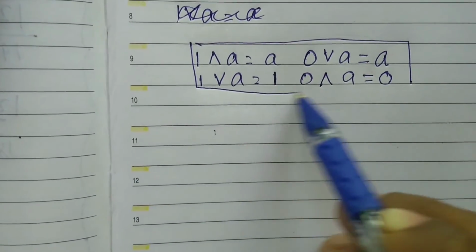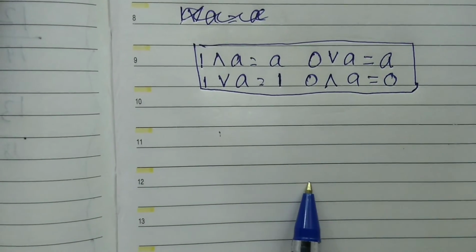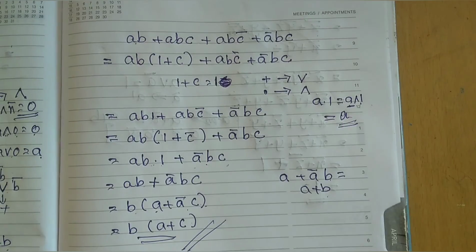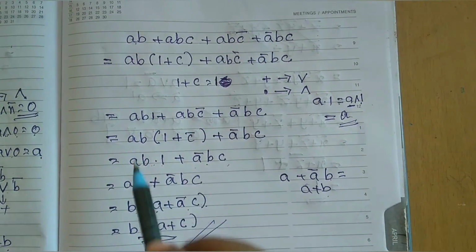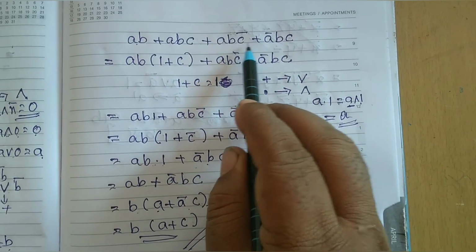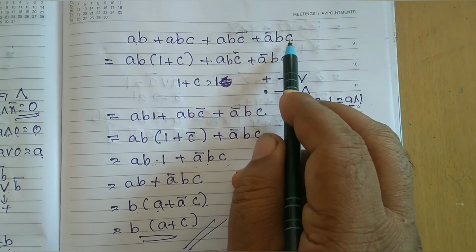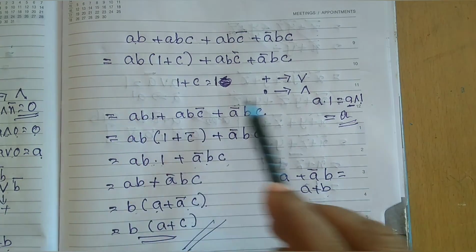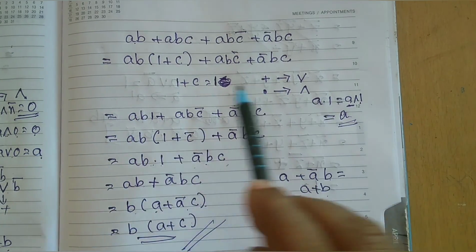Now let us go through some expressions, how to evaluate the Boolean expression. Now let us take an example. AB plus ABC plus ABC bar plus A bar BC. Here plus refers to OR and multiplication refers to AND.